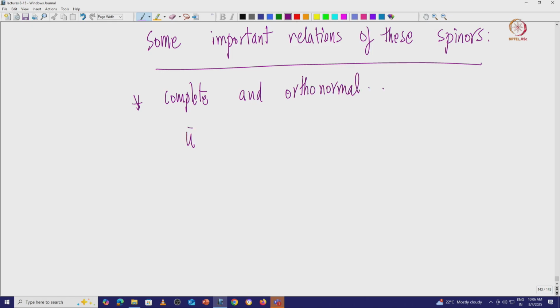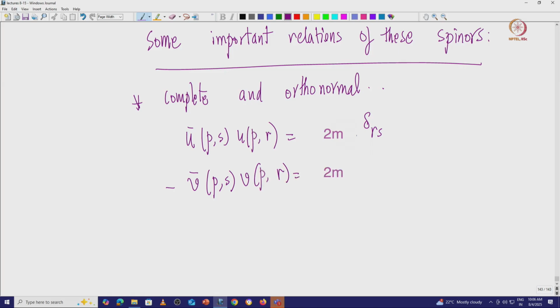So, you have U bar P of S. The inner product of 2 U vectors is always normalized to 1, essentially the 2 spinors. Similarly, the inner product of 2 V vectors is also normalized to 1.